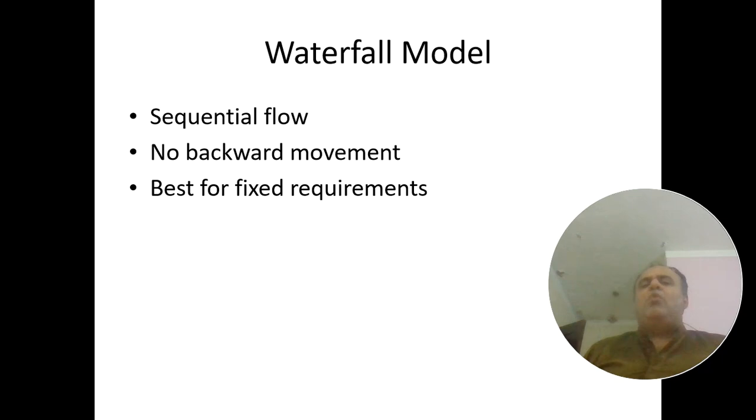You move from one to the other. There are no backward movements. There are no feedbacks, no feedback signals. And this kind of model is for those applications which are, in a way, predetermined and don't have a degree of uncertainty. So it works well in such scenarios.